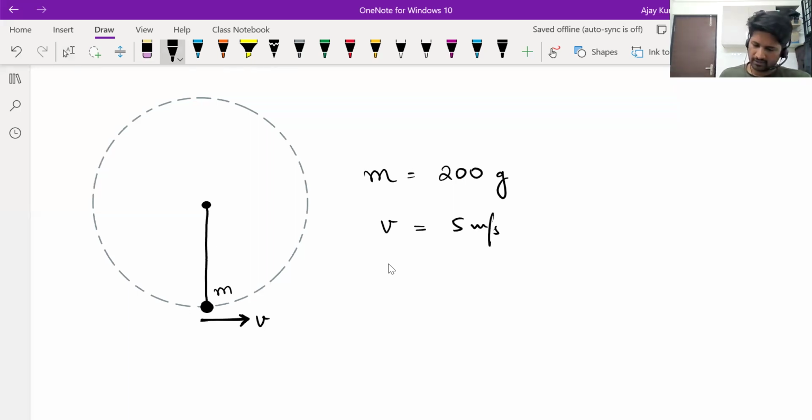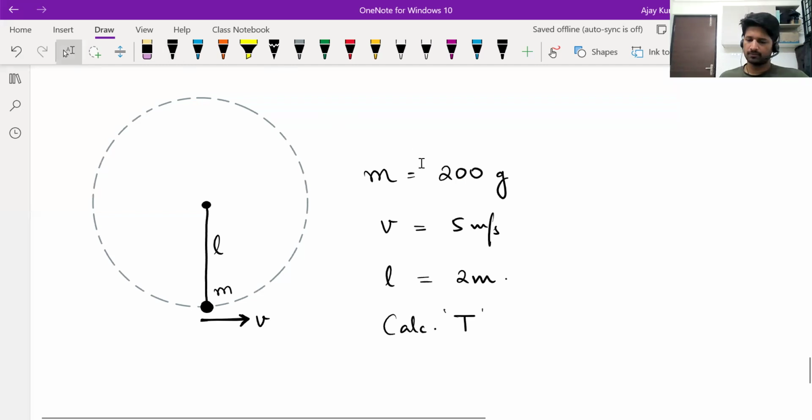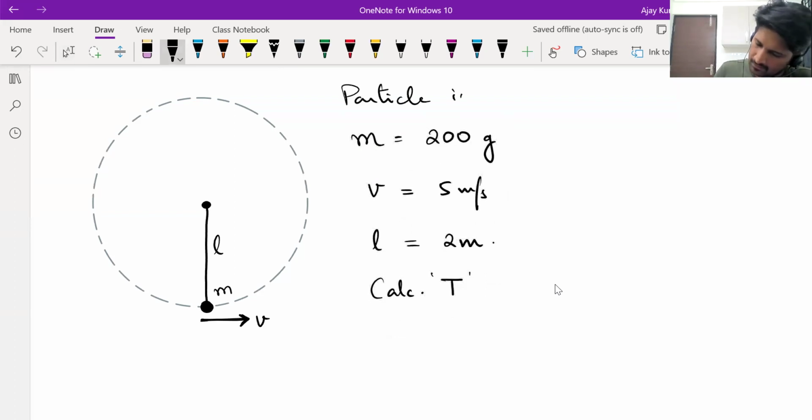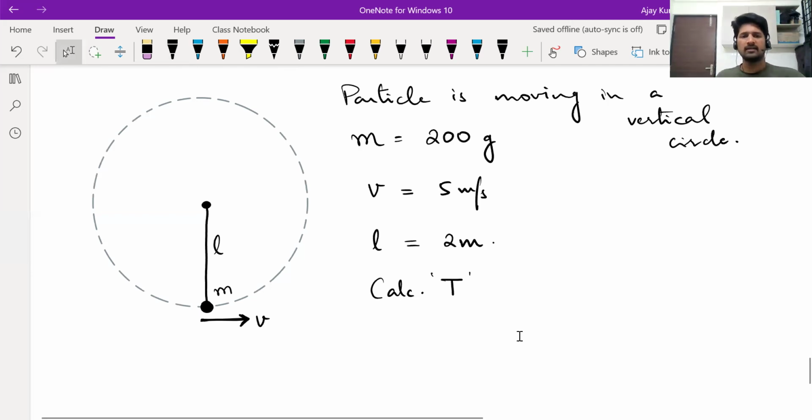And the length of the string is 2 meters. Calculate tension in the string. Do this, all of you. Particle is moving in a vertical circle. Calculate tension at this moment.